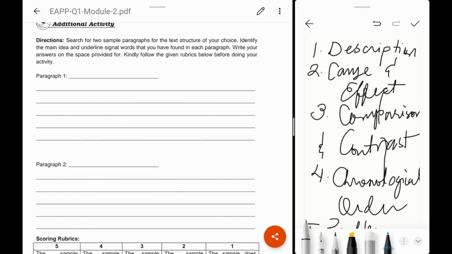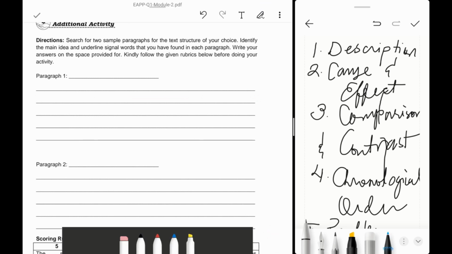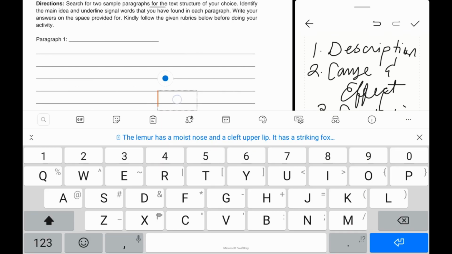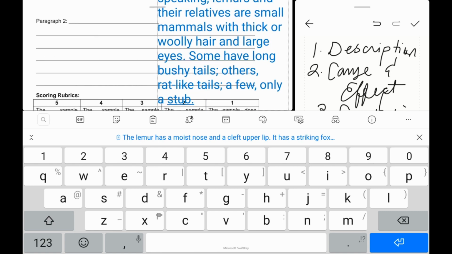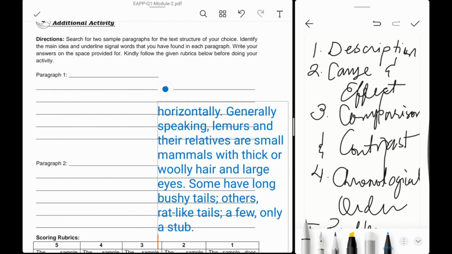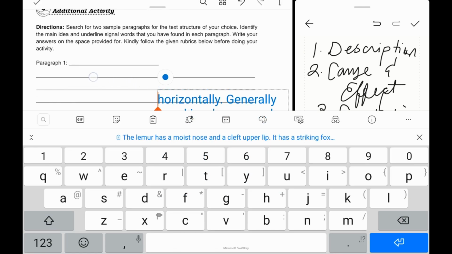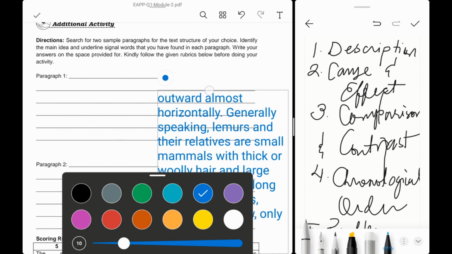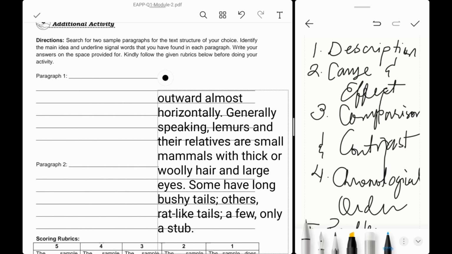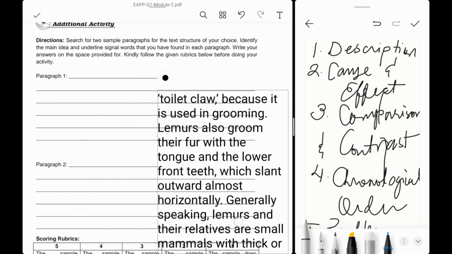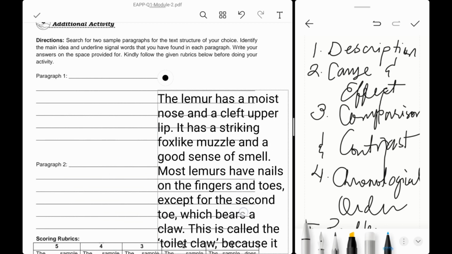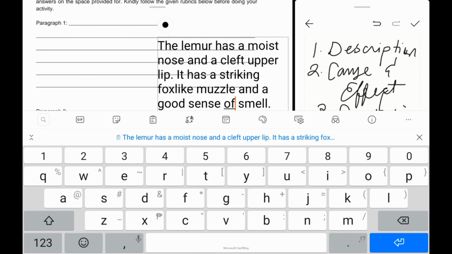And then once you have written it on your paper, all you have to do is to identify its main topic. Put it here in this part.